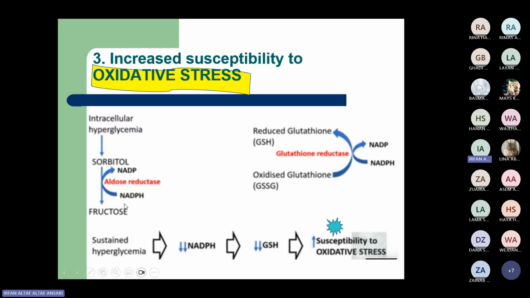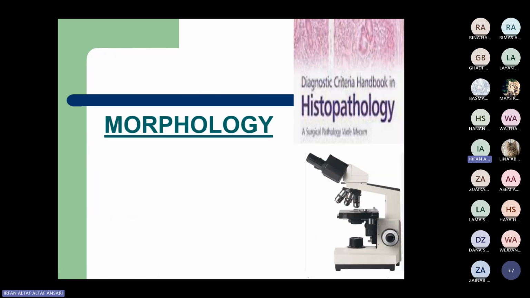NADPH is tissue protective, and to convert sorbitol to fructose, NADPH is used. This decreased NADPH eventually leads to decreased GSH, glutathione, synthetase enzyme. This enzyme is very important to protect from oxidative stress. So when this enzyme is reduced, there is increased susceptibility to oxidative stress, and your tissue will be more susceptible to it.